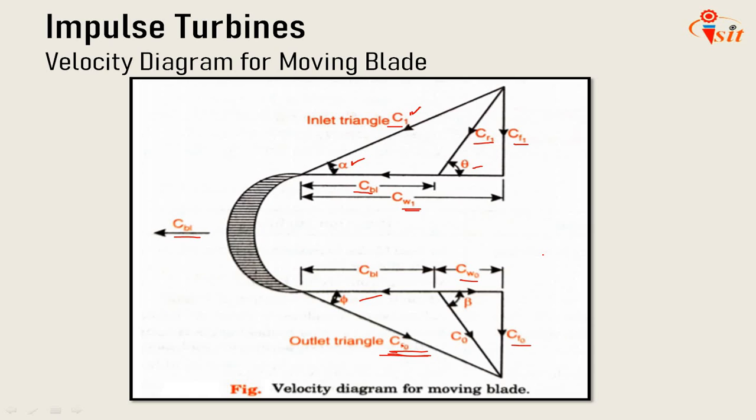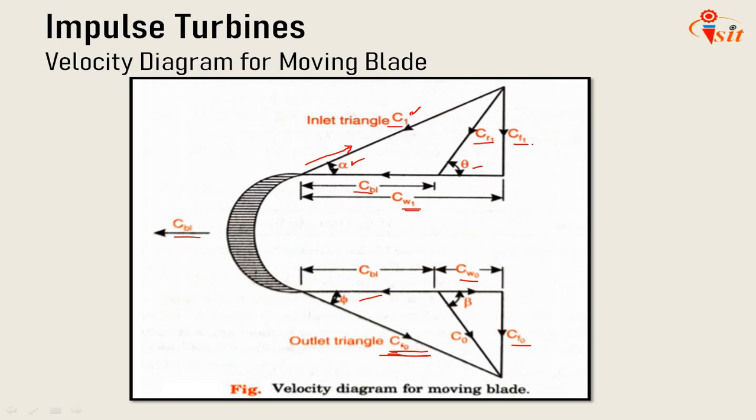Here the steam jet issuing from the nozzle at a velocity C1 impinges on the blade at an angle alpha. The tangential component of this jet, that is CW1, performs work on the blade.